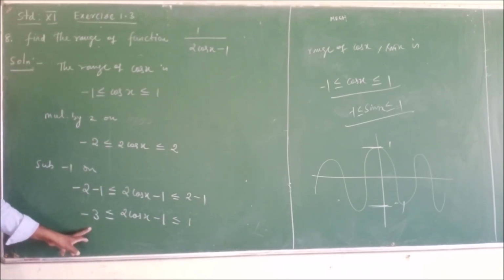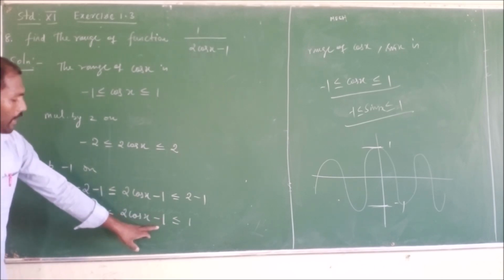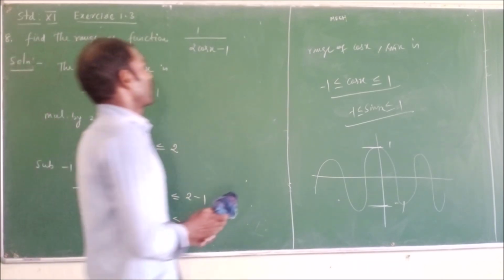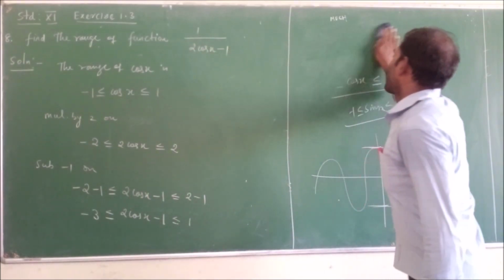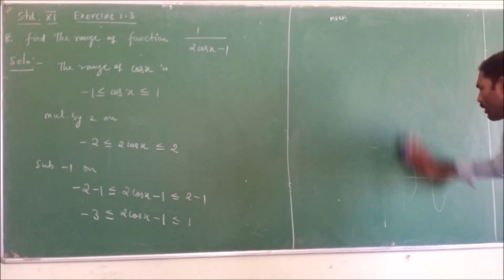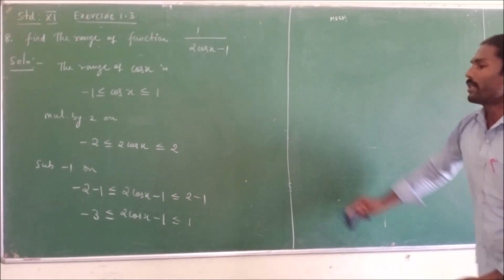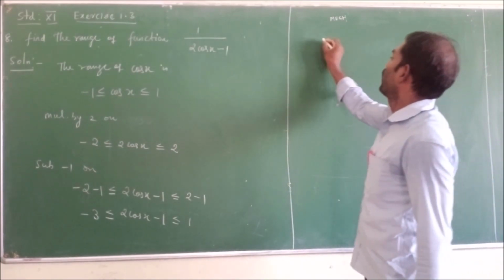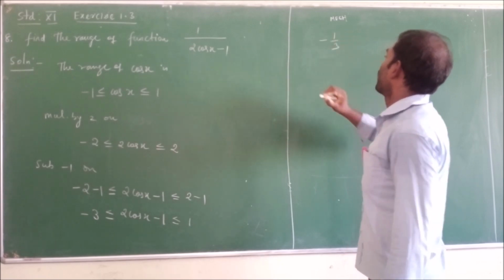It is clear that the function 2 cos x minus 1 is in a reciprocal function. So take the reciprocal for the last term. Take the reciprocal, -1/3.